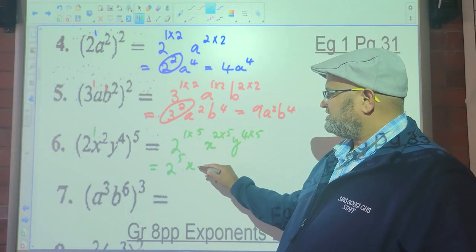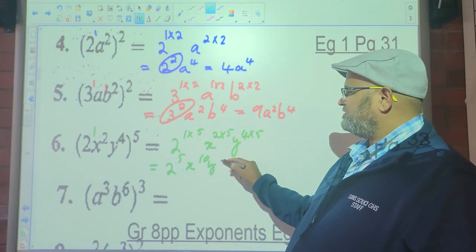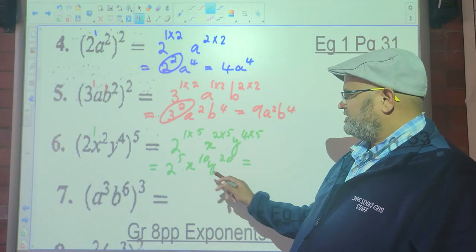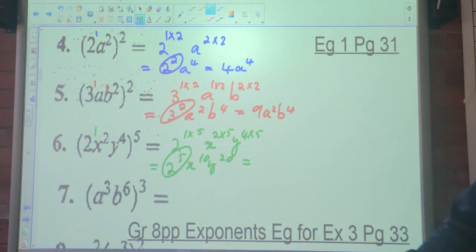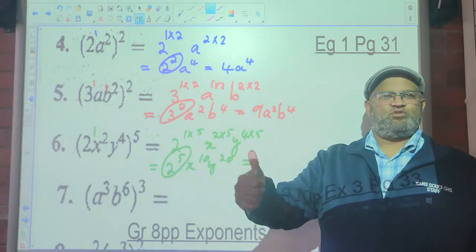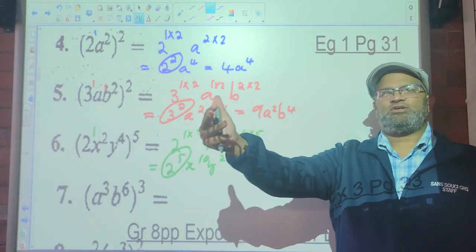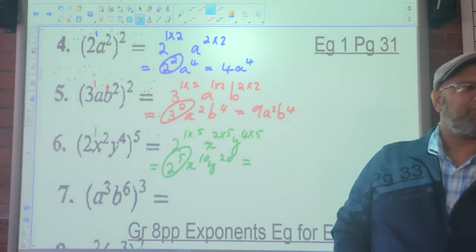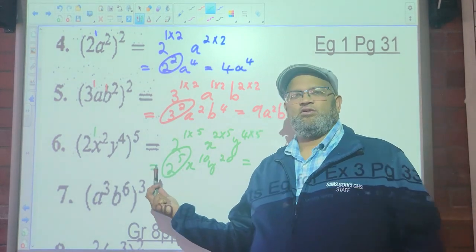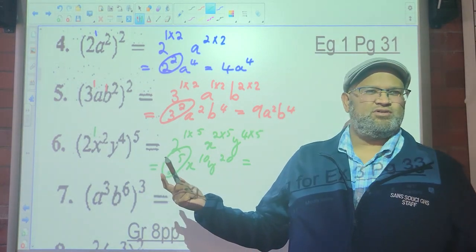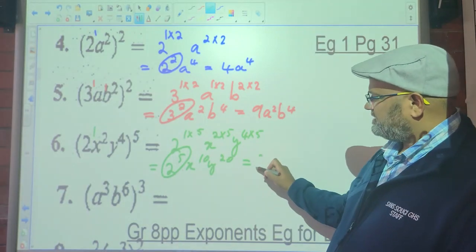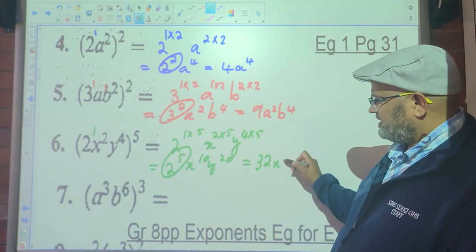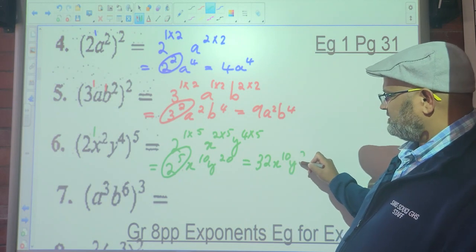X 10. Y? Doesn't need to solve that out. What does this mean, people? 2 to the 5. It's 2 times 2 times 2 times 2 times 2. 5 of them. Not so. What's 2 times 2? 4. And 4 times 2? 8 times 2? 16. 16 times 2 is? 32. X 10. Y.